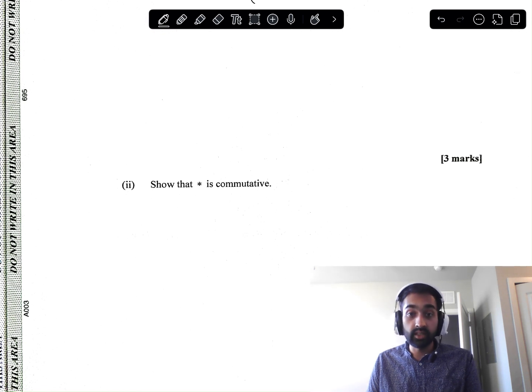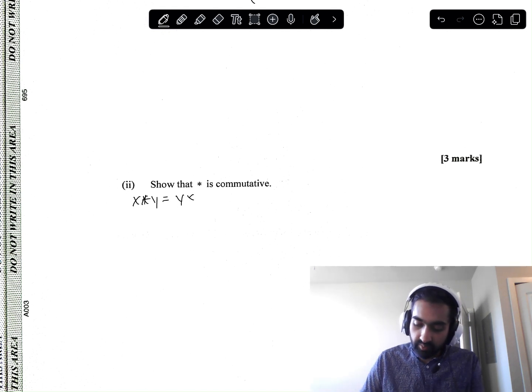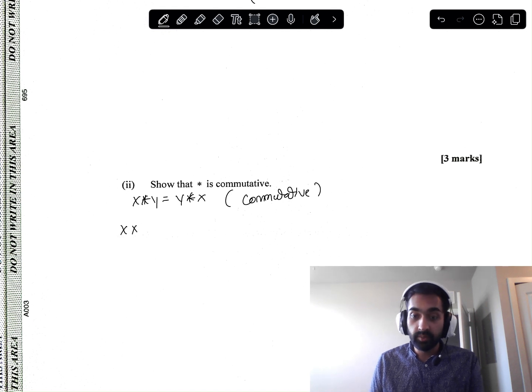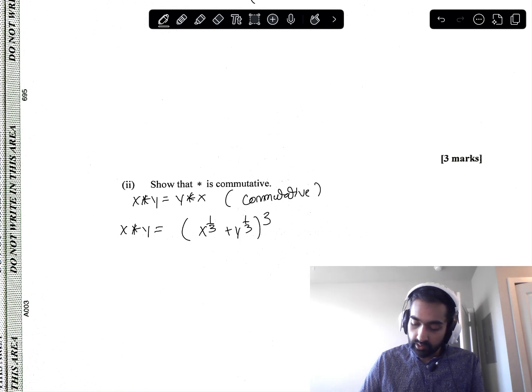And then we'll have to show that star is commutative. The difficult thing is you might forget what commutative means, but just to remind you, commutative means that x star y is equal to y star x. So what we have to do to show something is commutative is, let's first write what x star y is. That's (x to the 1/3 plus y to the 1/3) cubed. And now let's write what y star x is.